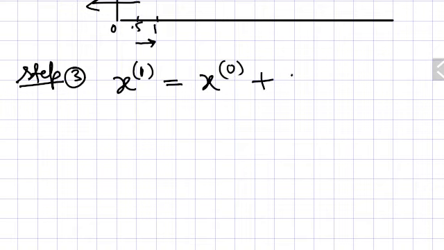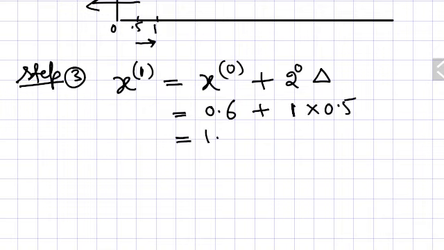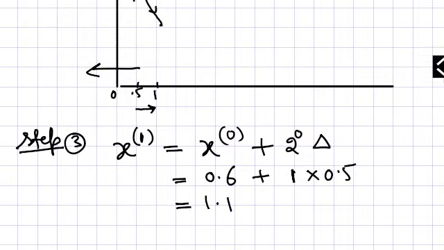So this way you will make a jump. This was your first value and it was 0.6, and now this is 1 and 0.5. So you will make a jump to 1.1. So now your point has come here. Okay, you made a jump from 0.6 to here because you found that in this region there is no minimum.